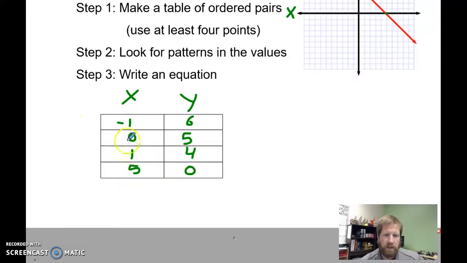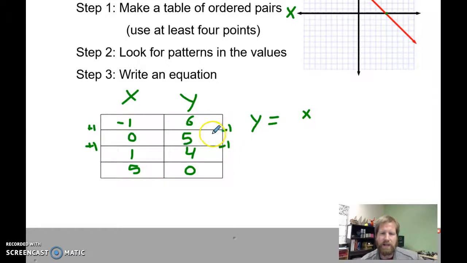So for these 3, where we have x increasing by 1, y is decreasing by 1. Okay, so we're going to set our equation up. It's going to look like y equals something, x something. So when x increases by 1, y decreases by 1.